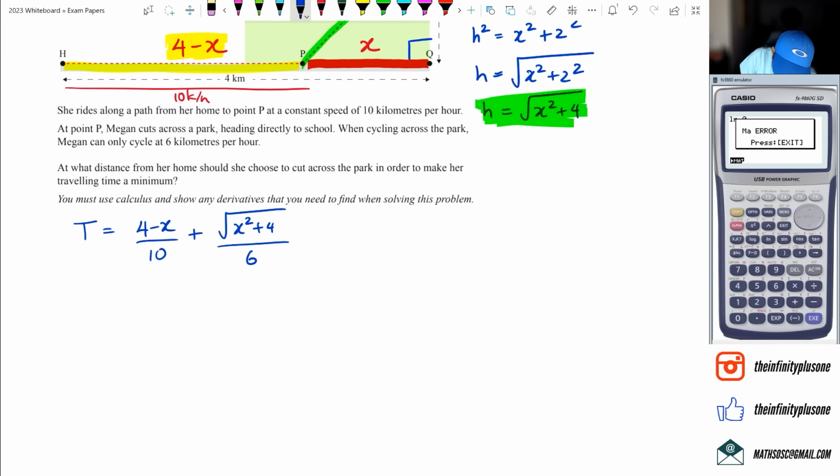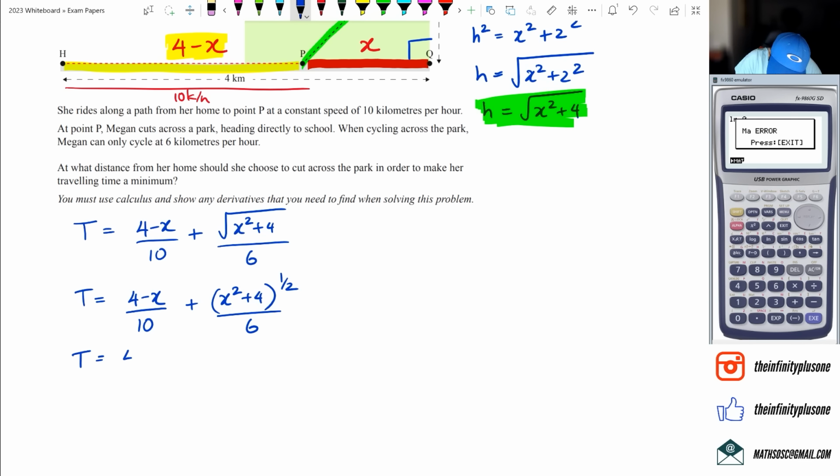So in saying that, we're going to do our first step, which is to get rid of the square root function, and we're going to write that as to the power of half. So T dash, or T of X, if you want to call it that. I'm going to separate this before I do that.